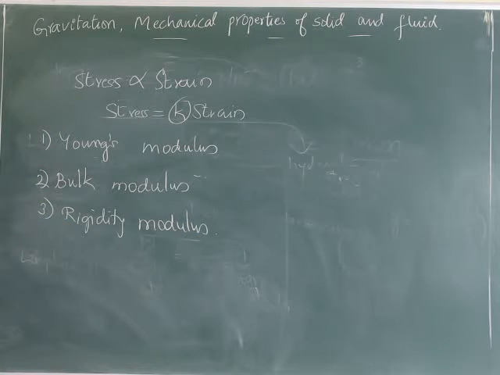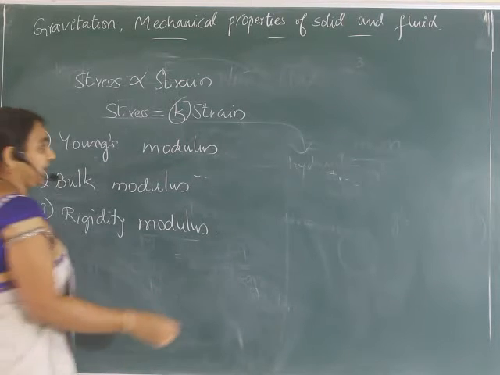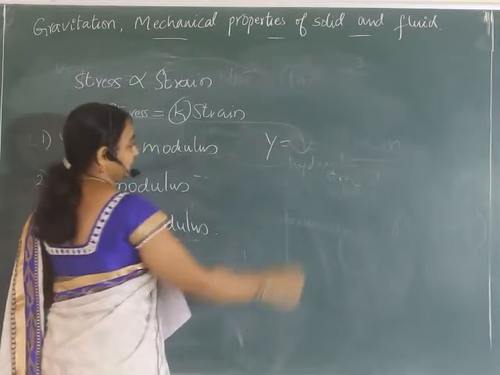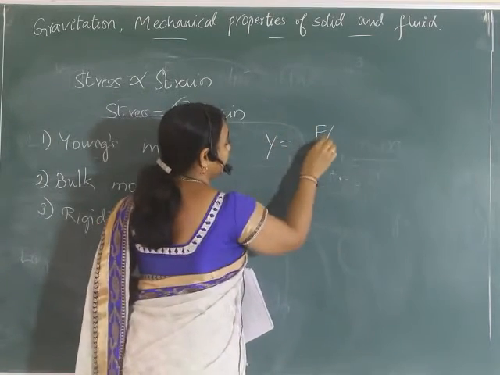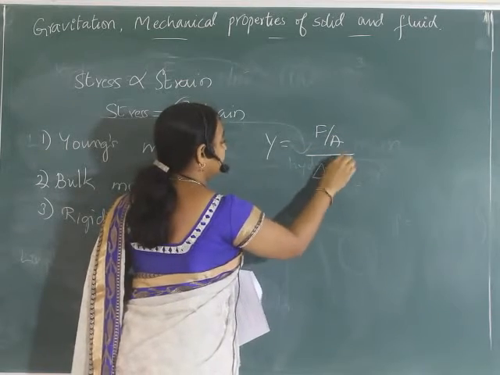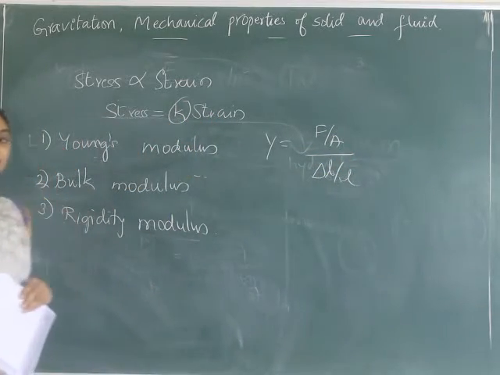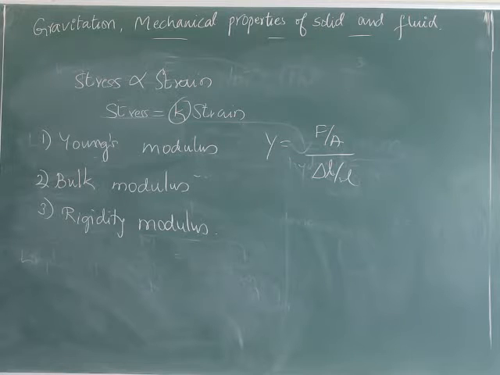In case of Young's modulus, it is nothing but the ratio of longitudinal stress to longitudinal strain. Longitudinal stress is force per unit area. Strain is delta L by L. Longitudinal means it deals with the concept of length. So longitudinal stress by longitudinal strain is Young's modulus. So Y is equal to F by A divided by delta L by L.